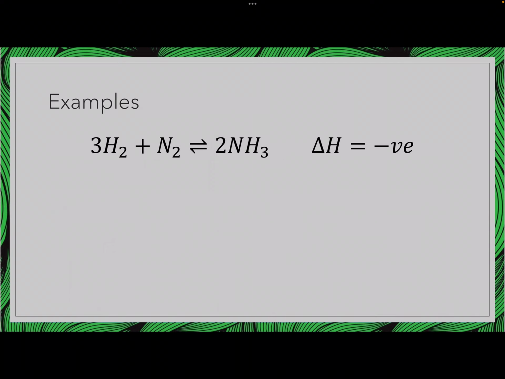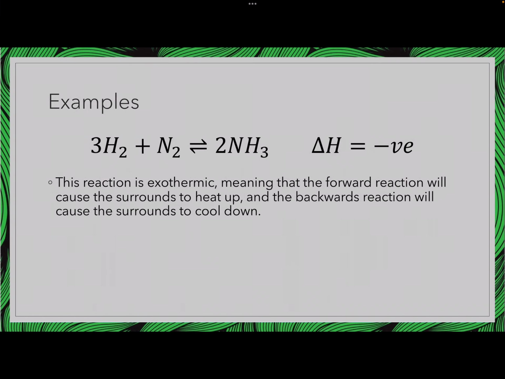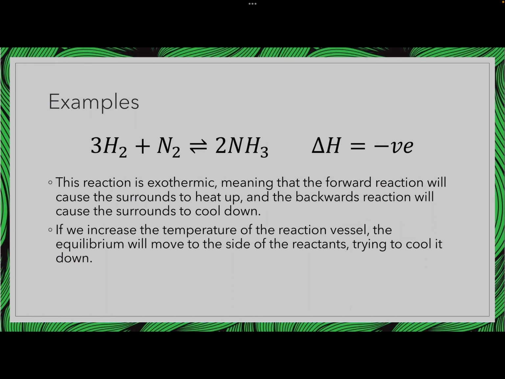Basically, here we've got the Haber process again. It has a negative delta H, so it's exothermic going towards the products. So the reaction is exothermic, meaning that the forward reaction will cause the surroundings to heat up, and the reverse reaction will cause the surroundings to cool down. So if we increase the temperature of the reaction vessel, the equilibrium will move to the side of the reactants trying to cool it down.